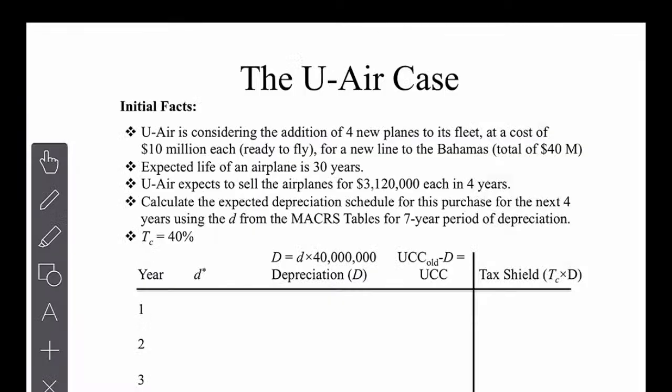Now this table works together with the MACRS table that I shared with you. So pull out the MACRS table. In the table, identify the column for the 7-year period of depreciation.